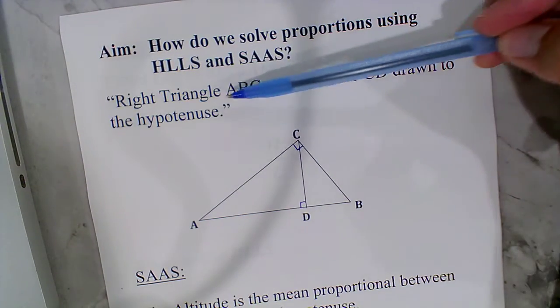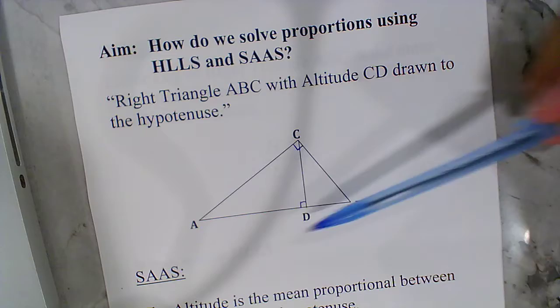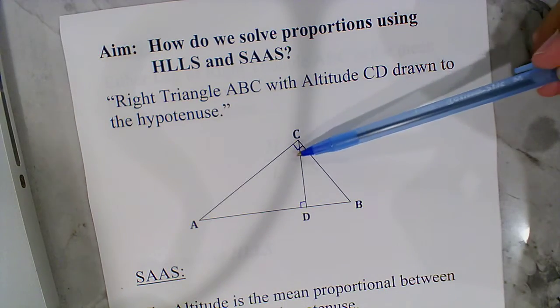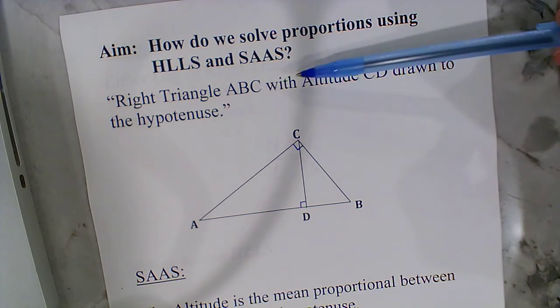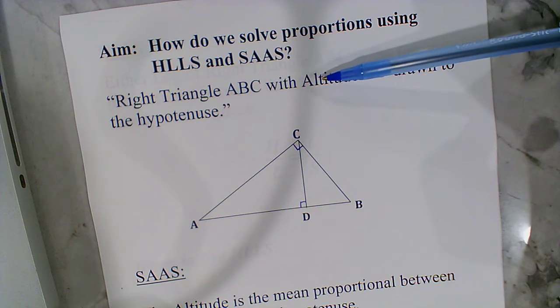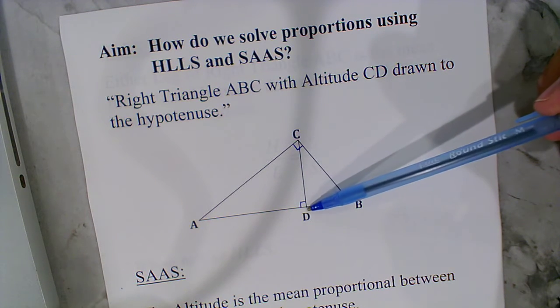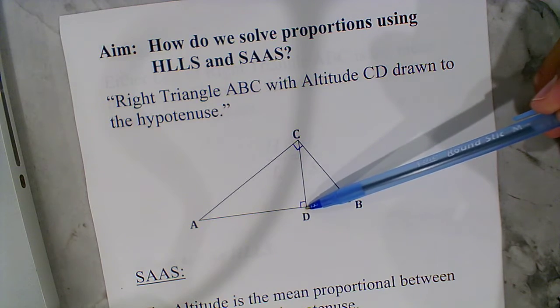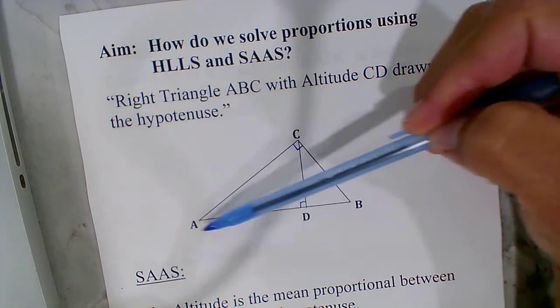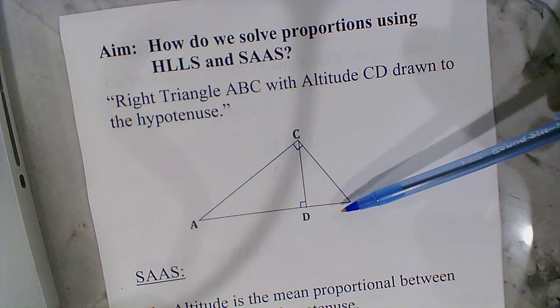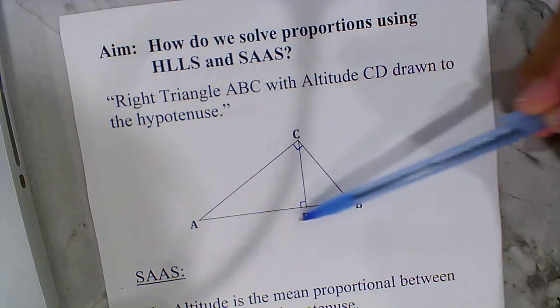When you have a right triangle ABC, so the big triangle is a right triangle. See the right angle symbol. With an altitude, CD, so from the right angle down perpendicular, altitudes always intersect the opposite lines perpendicularly, drawn to the hypotenuse.